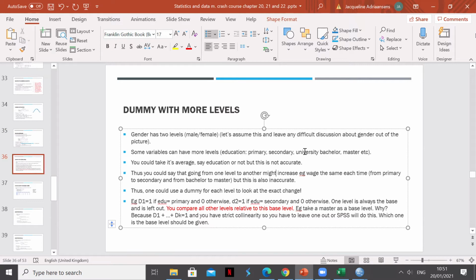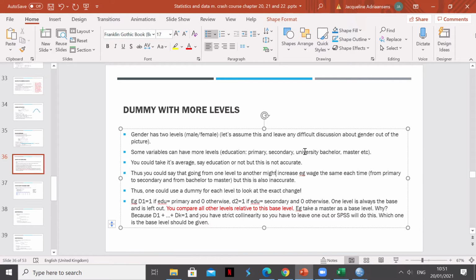Because maybe if you go from a bachelor to master, your wage goes up with 6 euros because you have much more knowledge. And maybe the step from primary to secondary is bigger than the step from secondary to a university, because in primary you learn to read, but really you don't know much yet.